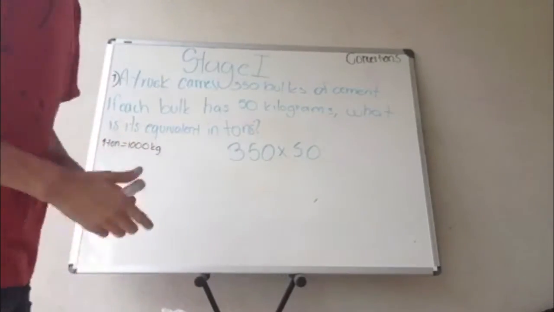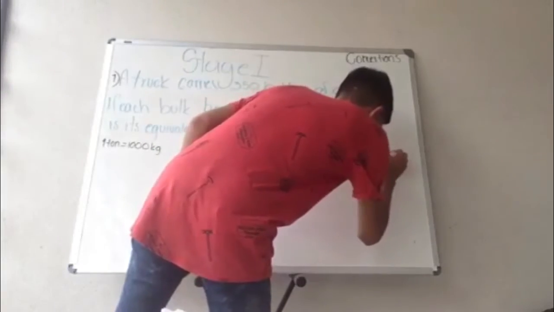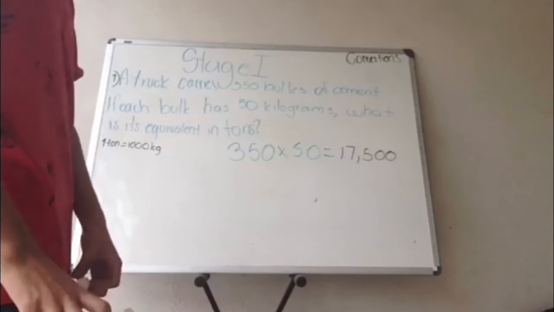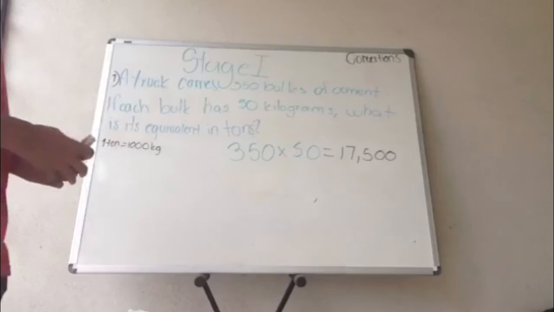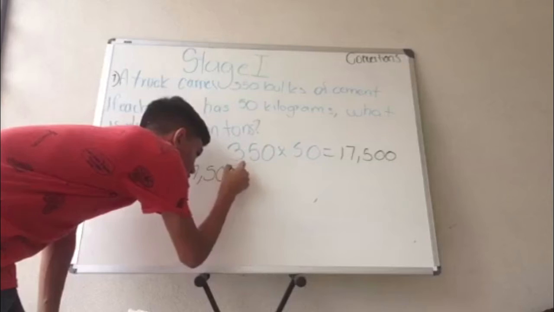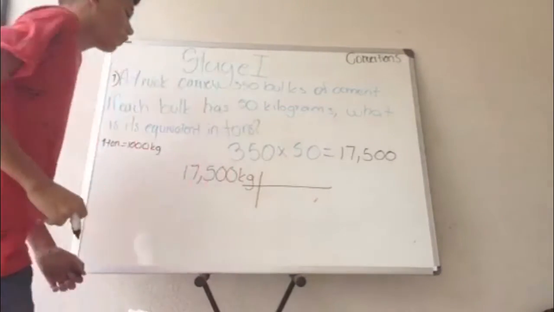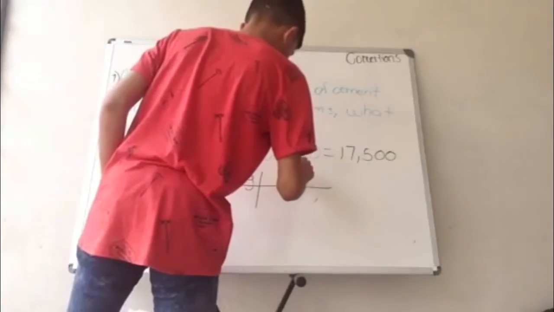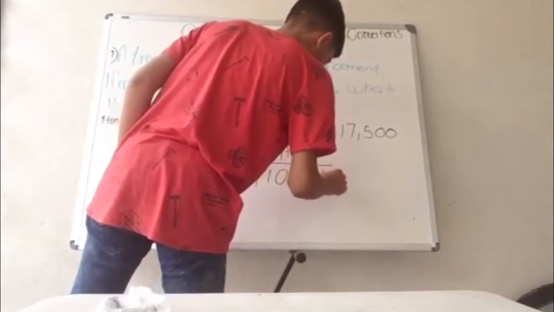So multiplying this, we get the total of kilograms we have in the 250 bolts. So now we're going to convert it into tons. We have 17,500, and we know that a ton is equal to 1,000 kilograms.